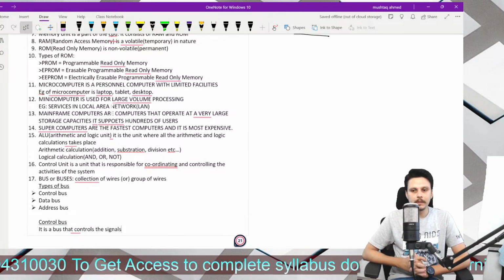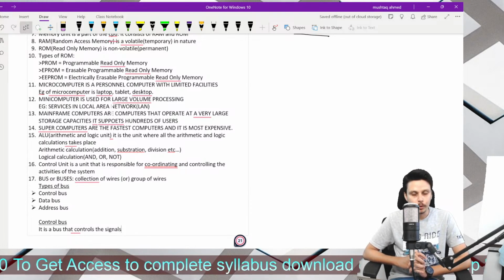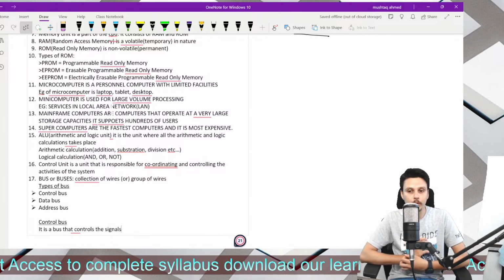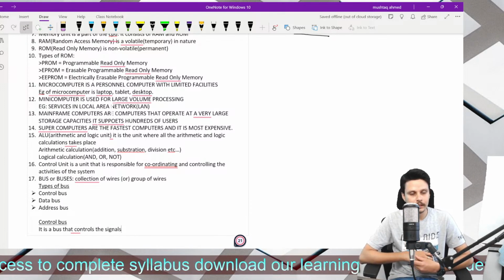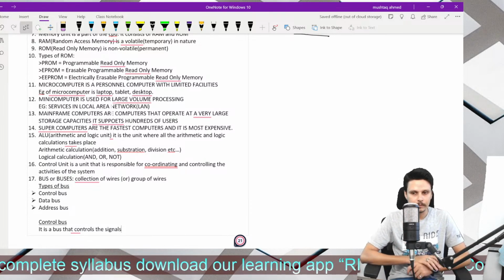Control bus is a bus that controls the signals, and it is also used for communicating with other devices within the computer.